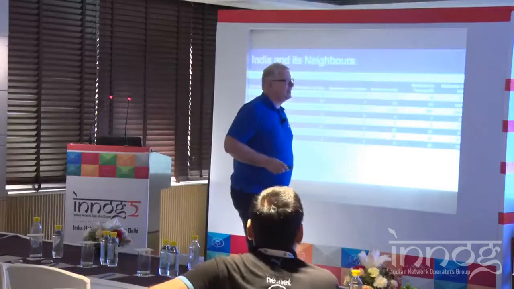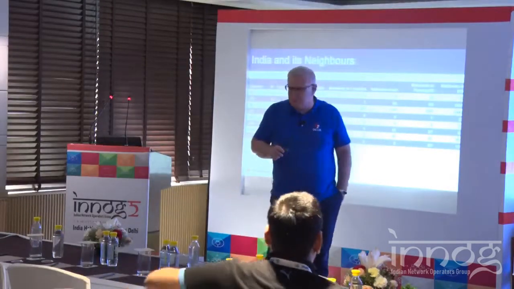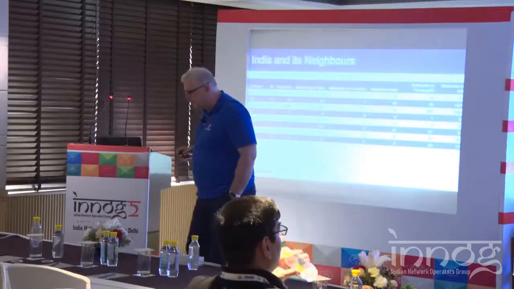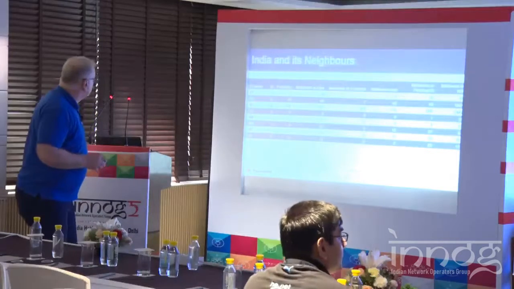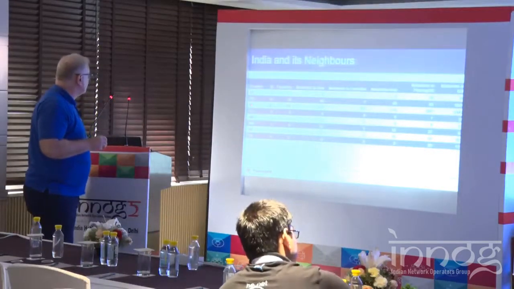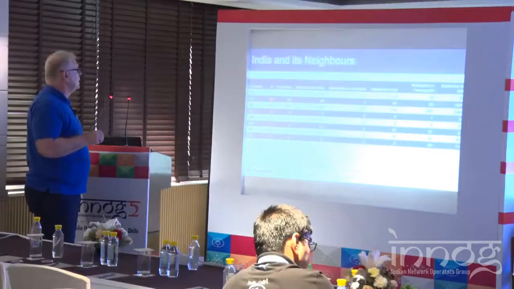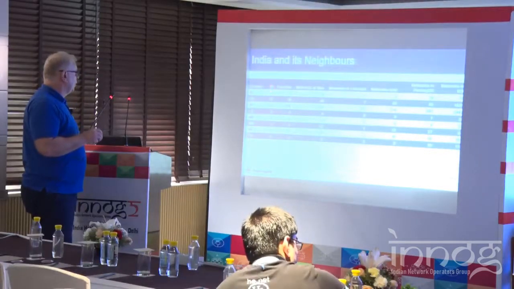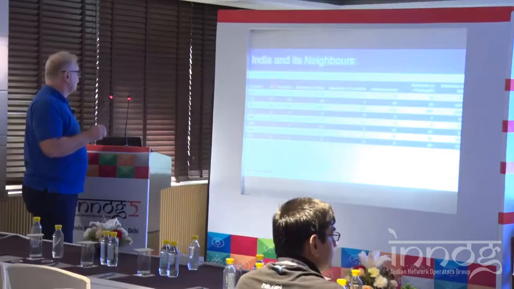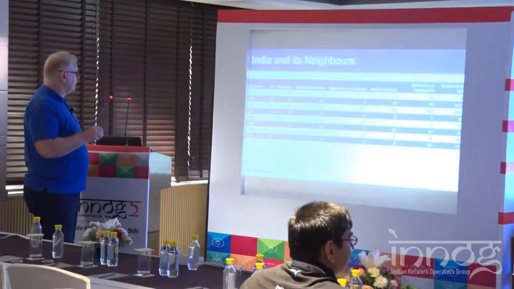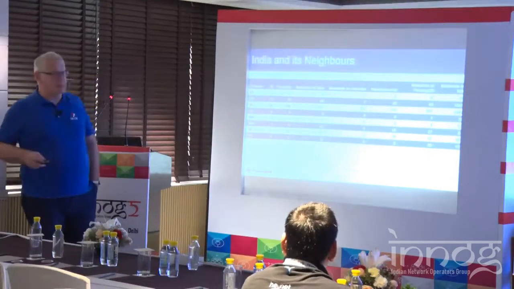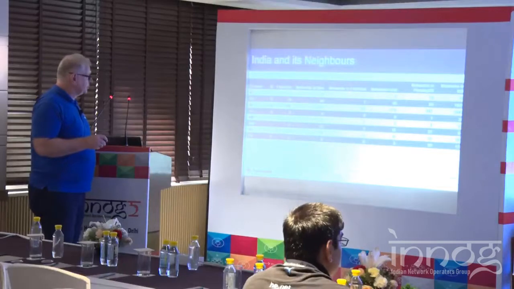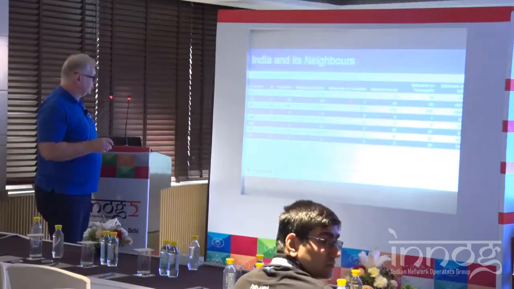What I've also done is look a little deeper into what I found in PeeringDB about India and its neighbors. So we have India over here, and you see a lot of columns. You see the number of IXs, the number of facilities I found in PeeringDB, the number of networks at the IXs, the number of networks in facilities, and the totals.